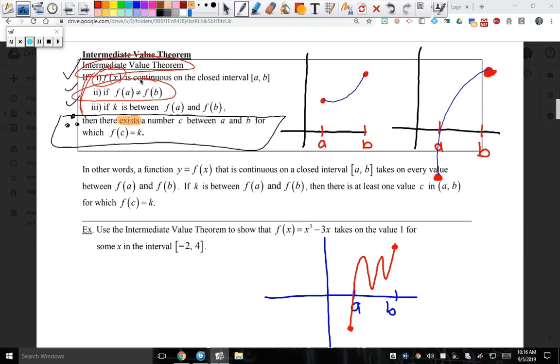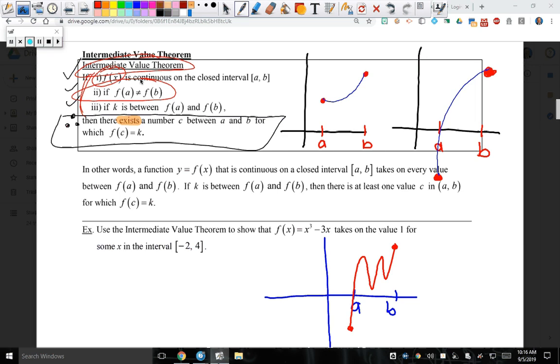Lexi, what would you say to a 3rd grader? F of A does not equal f of B, what does that mean? That their y values are different. Perfect. Both of them together build perfect: the y's are different. The y at A does not equal the y at B.